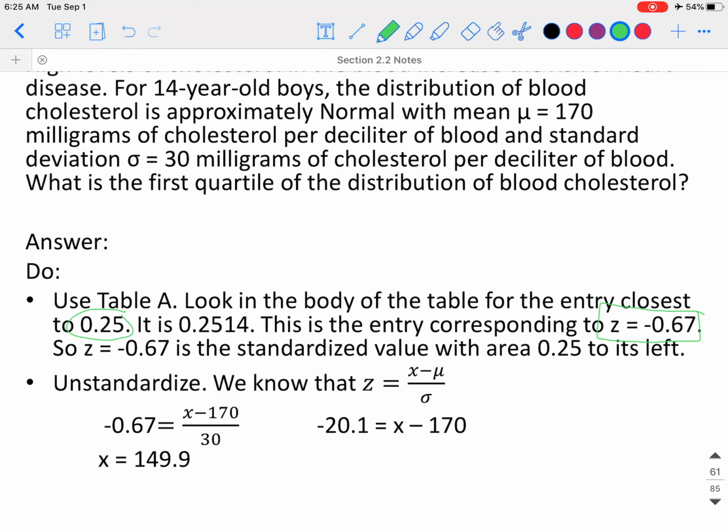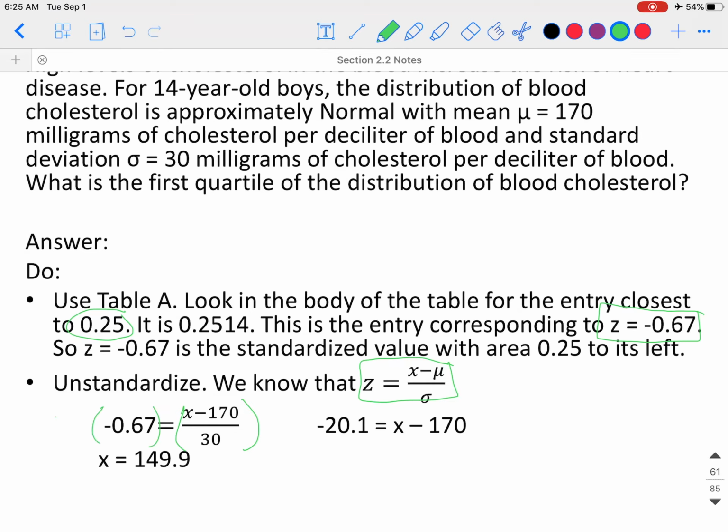Now we know our formula to find z is that z is equal to x minus the mean over the standard deviation. If we plug in the values, we know our z is -0.67. We know that we're missing our x, but our mean is 170 and our standard deviation is 30.